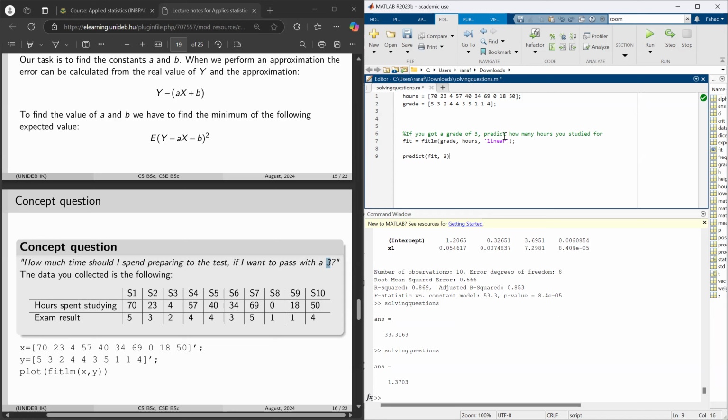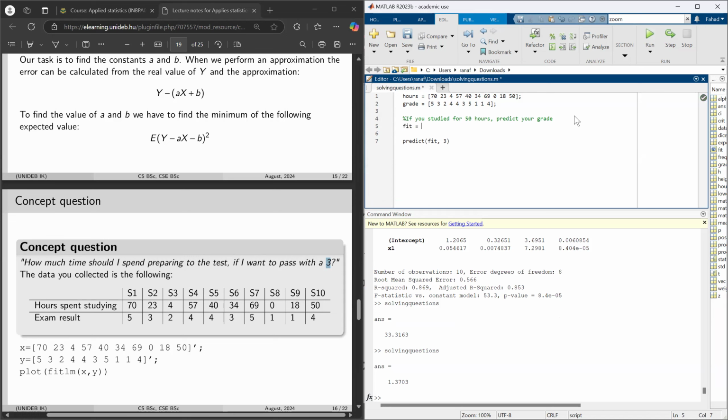Let's try one more. It says if you studied for, let's say, 50 hours, predict your grade. I'll just delete it and redo the whole thing.